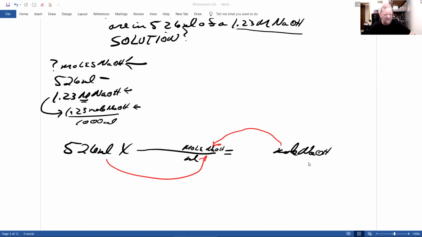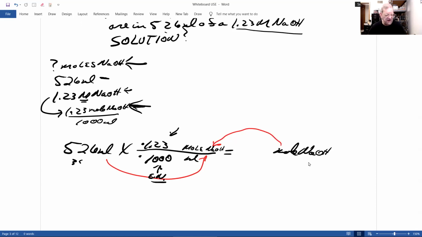All right, now, where do we get these numbers? We look right here, and we have 1.23 moles of sodium hydroxide per 1,000 milliliters. Now, this is 1,000, an exact number, because it's part of the definition. This is not.